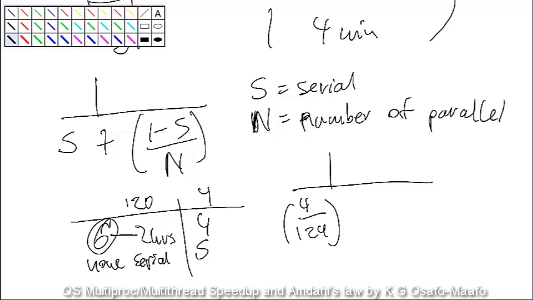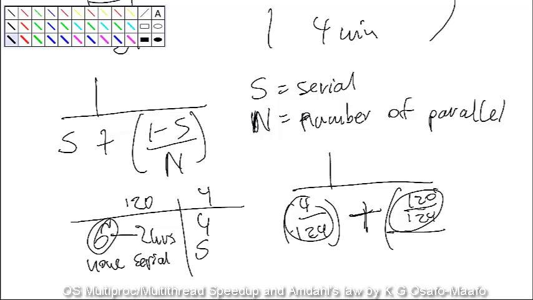We have to use what fraction is serial, and this would be 120 over 124. These two values add up to 1. So if it's 4 over 124, the parallel part will be 120 over 124 divided by the number of threads, 5.